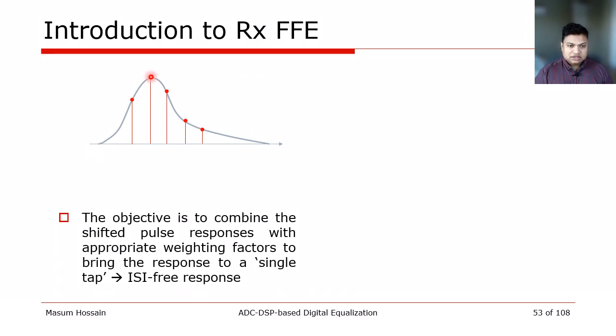So this is the pulse response that has, in addition to the main, significant pre and post cursor ISI. Our objective using the FFE is to bring this to a single tap response without any pre or post cursors in that pulse. One of the ways we can do it, we can delay this pulse and then subtract it such that the main aligns to the post cursor, and then it would be significantly reduced.